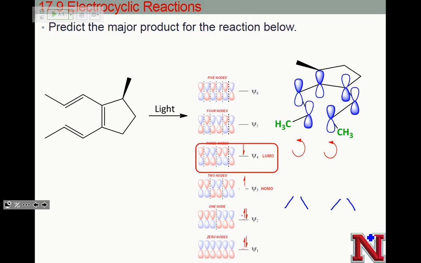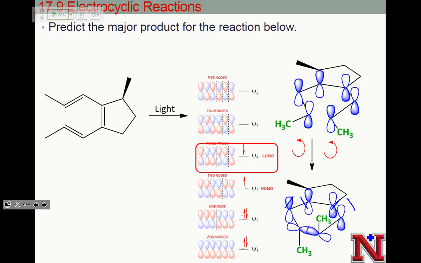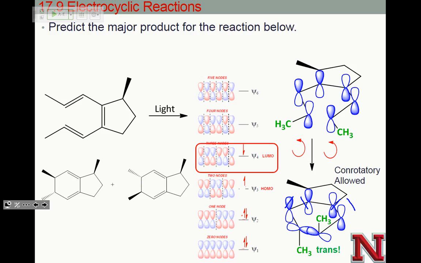So again, this would be our conrotatory, and that'll lead to the trans. When this one turns, the CH3 group's pointed down. When this one turns the same way, that makes that CH3 group point up, because it's connected. The CH3 group has to do whatever the carbon does. And again, you're going to get both enantiomers.